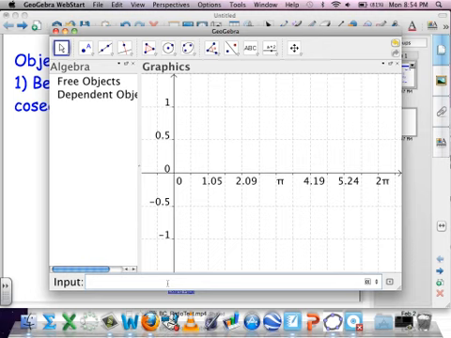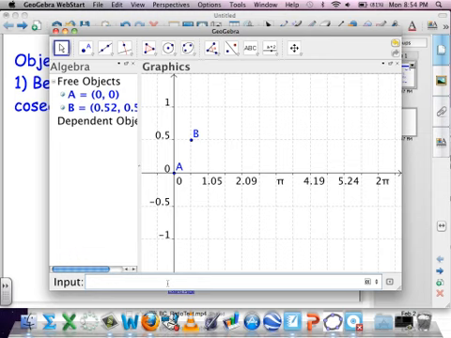All right, so we know that (0, 0) is on the sine curve, and we know that (pi over 6, 1/2) is on the sine curve. I'm not going to do anything at pi over 3. I am going to do something at pi over 2, so (pi over 2, 1). I like that dot. I like the dot (5 pi over 6, 1/2), and you'll see why I like these dots in a second.